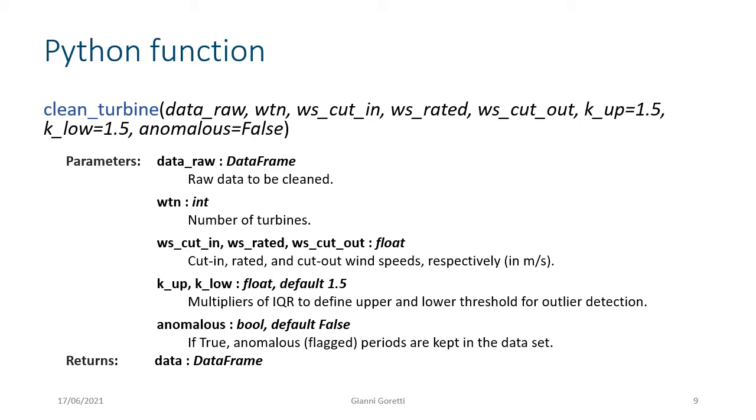And then the parameter anomalous, which basically determines whether we are keeping or not the anomalous periods in the data set, and maybe this will be a bit clearer further ahead in the presentation.